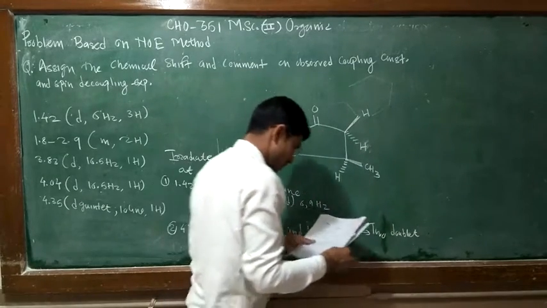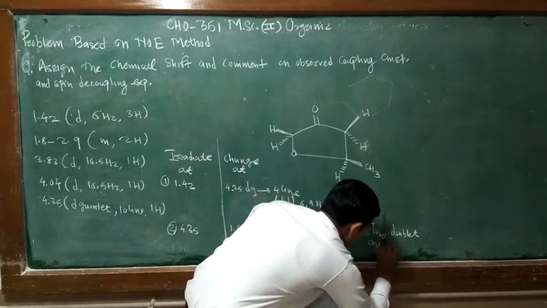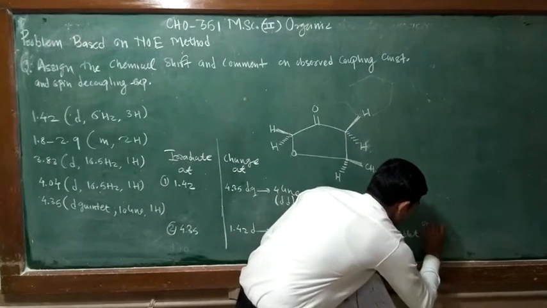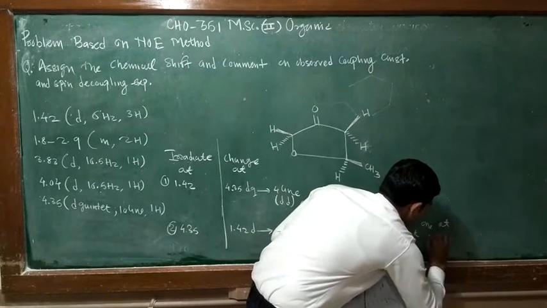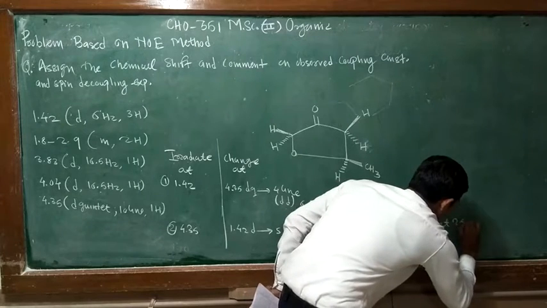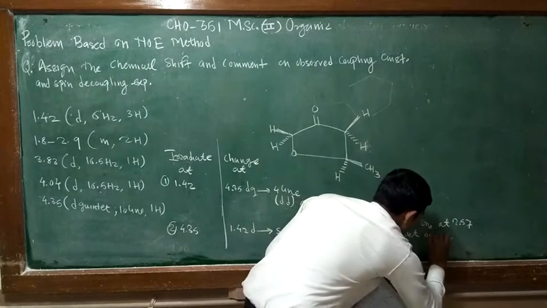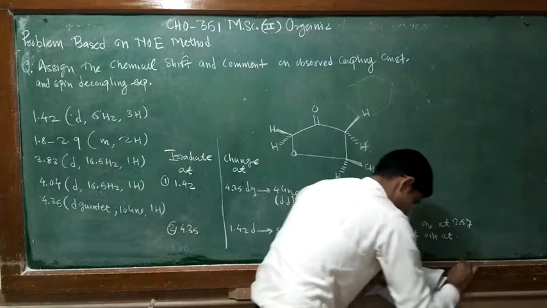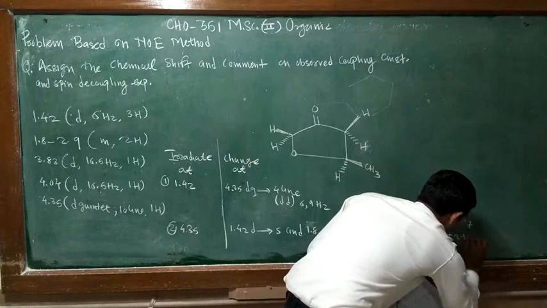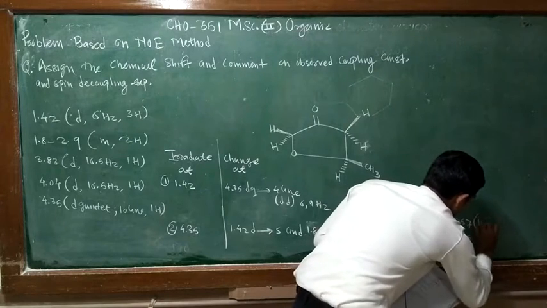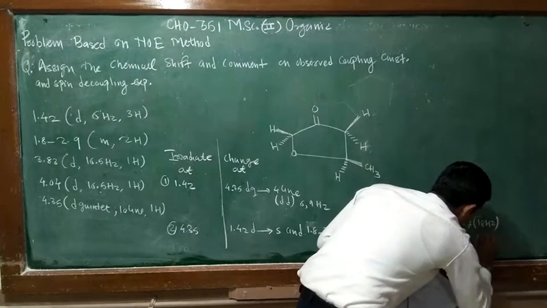So 1 doublet at 2.57 and 1 at 2.50, with a coupling constant of 18 Hz.